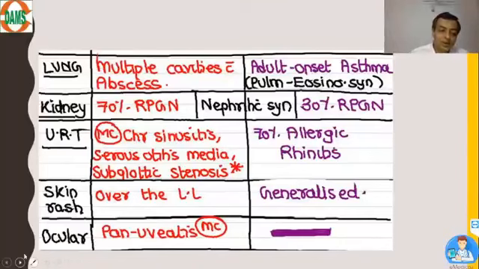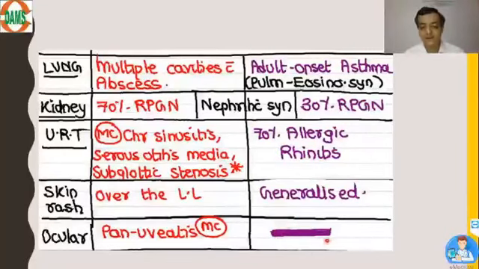It is the ocular manifestation which helps differentiate between the two. Which two? Wegener and Churg-Strauss. In Churg-Strauss syndrome, ocular manifestation never occurs.